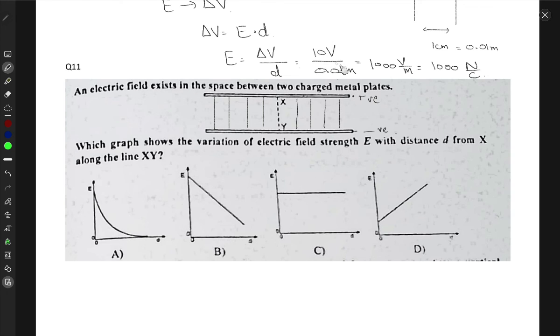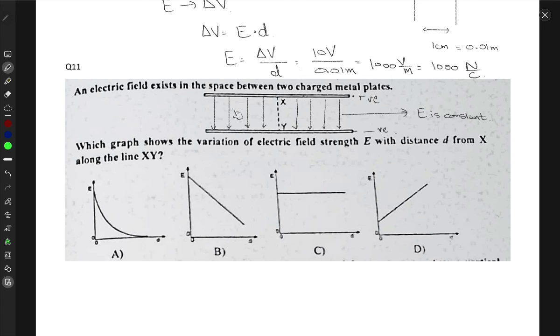Now all of these lines between these two plates, which are placed a distance apart from each other, are always uniformly arranged, and so we can say that the electric field between these two plates would be constant, understanding from the behavior of these lines, right?